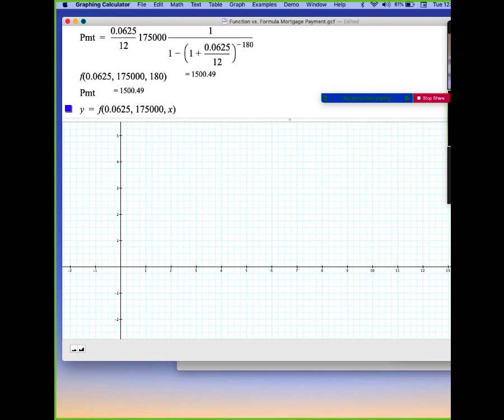High or low payment? Super high, right? It's like dividing 175,000 by 20 and adding interest on top of that. So yeah, it's going to be much higher. So I want to zoom out on the y-axis until we get to... If it's one payment, it's going to be something like 175,000, right?